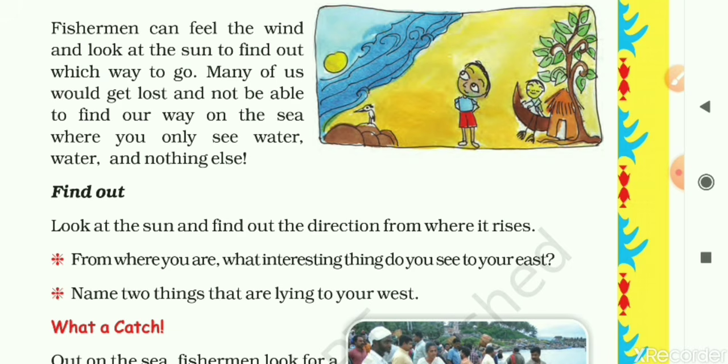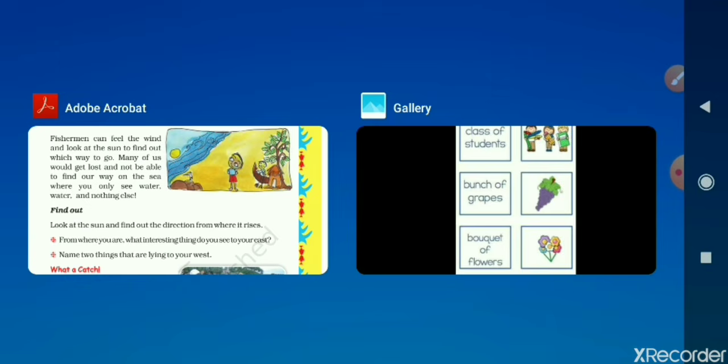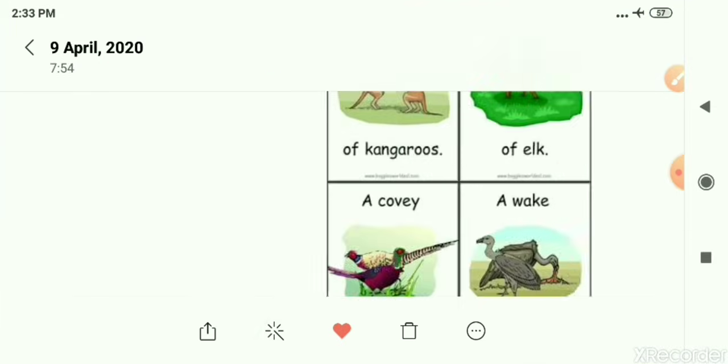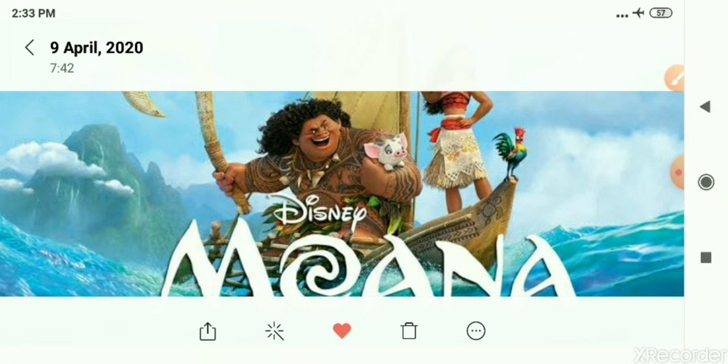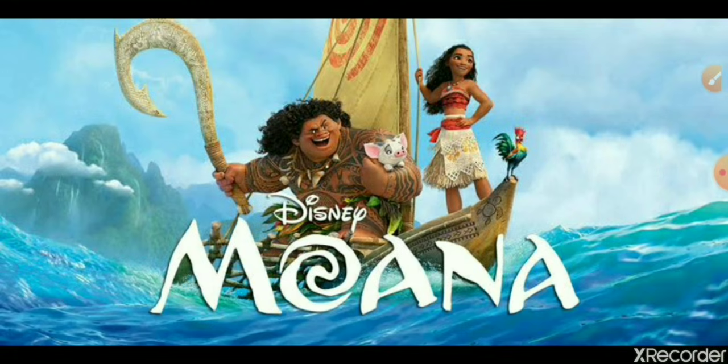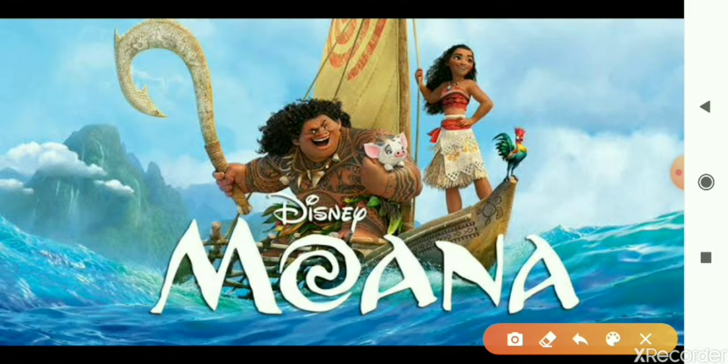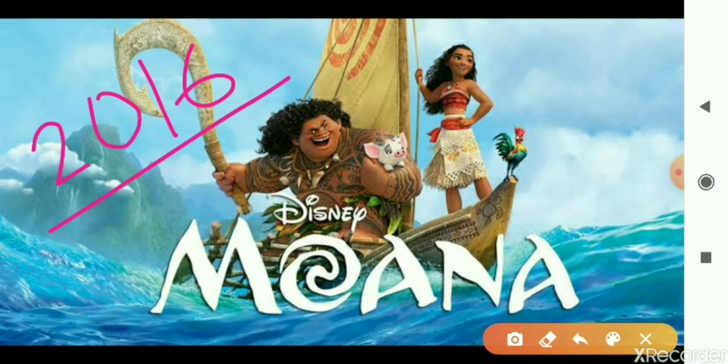It is very interesting. Actually, there is a very interesting movie like this, I must say, that is Moana. It was a very interesting movie. It was Oscar nominated in 2016, and it is full of adventure, drama, action, thriller. I hope you will enjoy this movie.